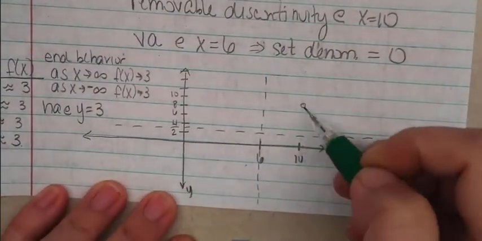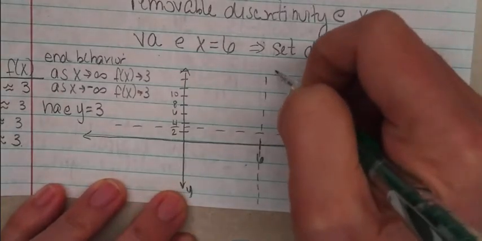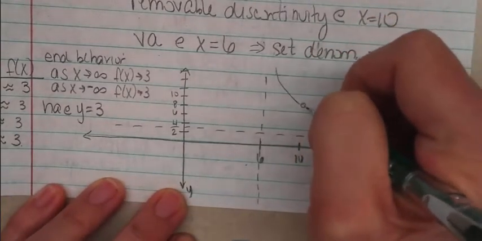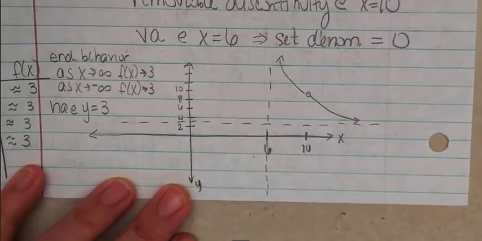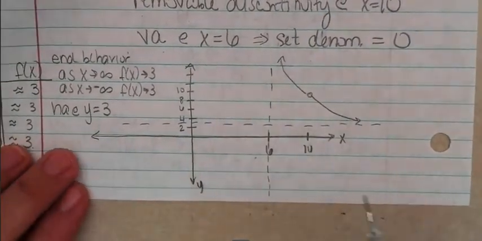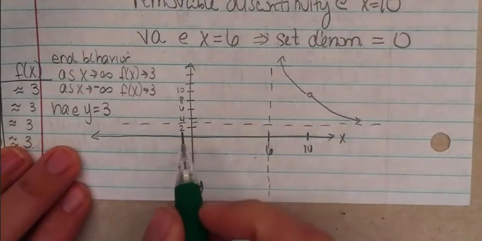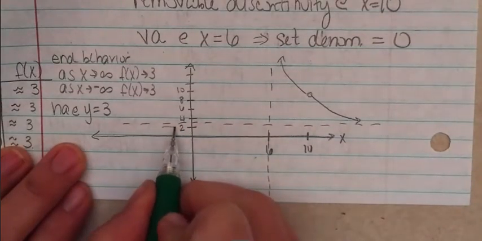When I plugged in 10, I was up here, so I know that I'm up in this quadrant. It's going to look something like that, and you can get on your graphing calculator to get a more exact graph. On this other side, it's going to be coming down something like this.